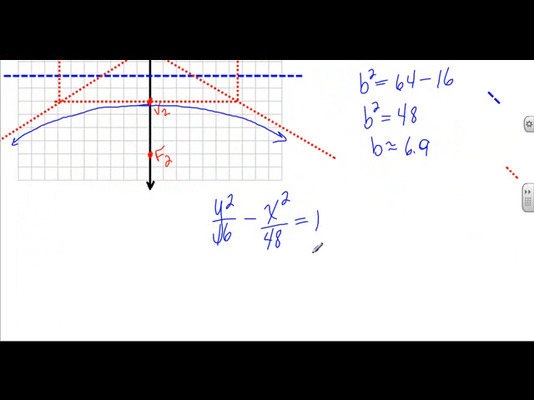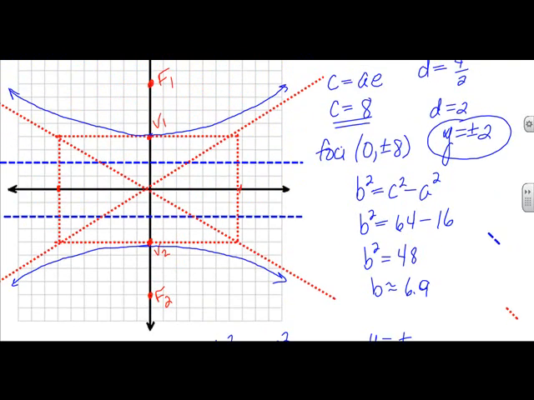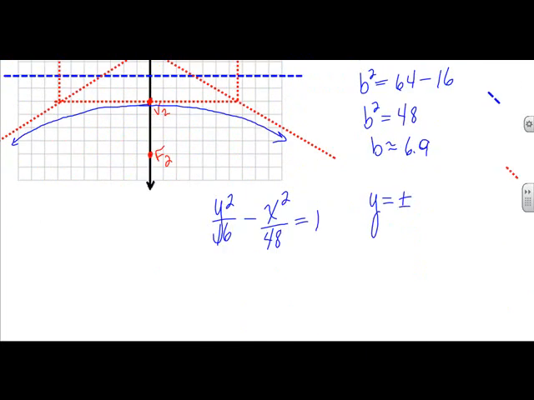Those asymptote lines are going to have equations y is equal to plus or minus 4 over a yucky number. 4 over the square root of 48, and you can simplify that square root if you want to. That's a 48 right there, times x. Alright, so there's that example.